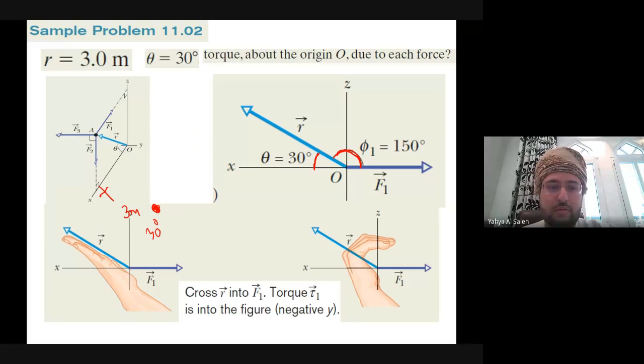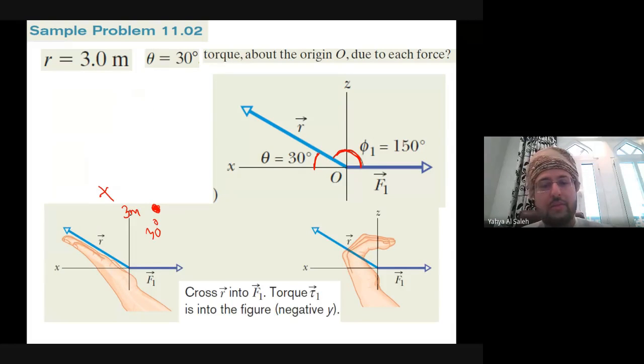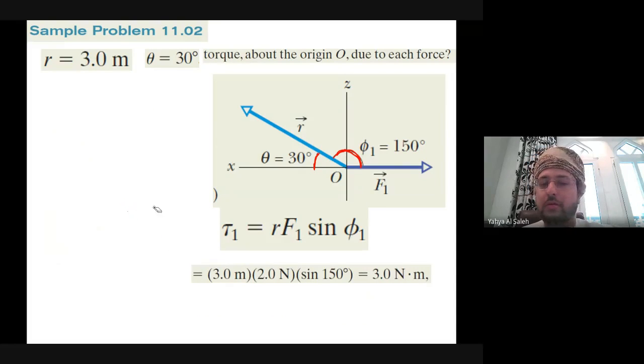3 Newton meters where? In which direction? Okay. In which direction are these 3 Newton meters?